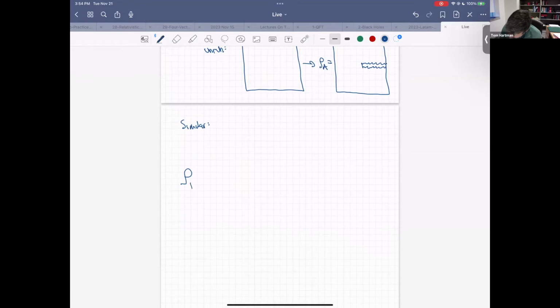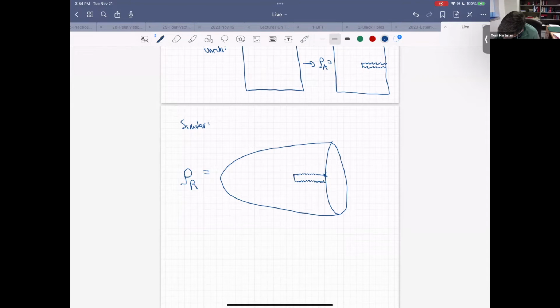So rho sub R is defined by doing the path integral on this Euclidean black hole, where we put in one of these funny cuts far away from the black hole. So this region here is region R. And this path integral represents the semi-classical calculation of the density matrix rho sub R.